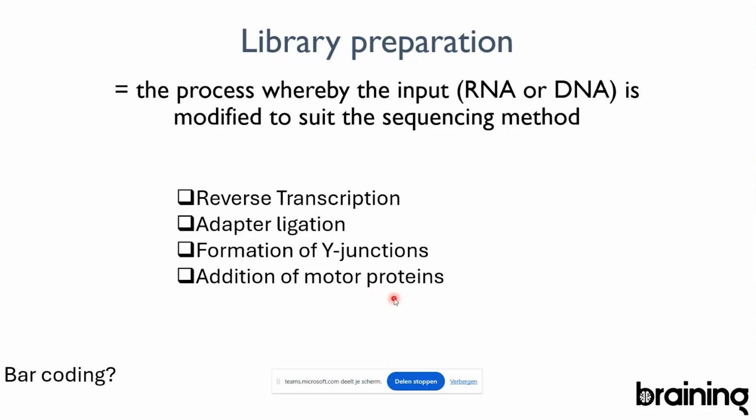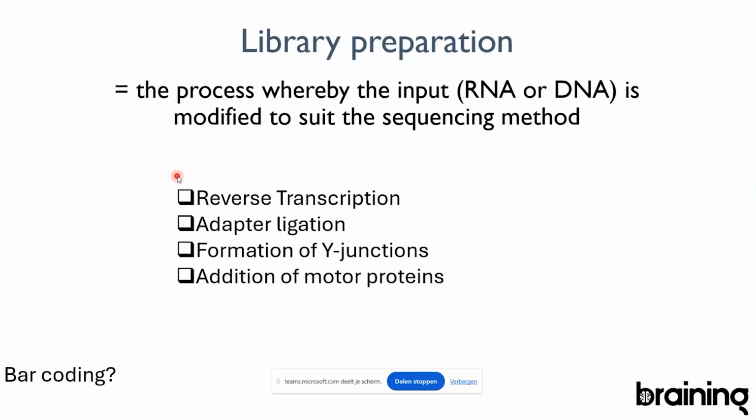So basically, it's a bit technical, and it changes for every sequencing method. If you want to sequence RNA, it's going to be a bit different compared to when you sequence DNA. If you use a nanopore, it's going to be different when you use a PacBio compared to a next generation sequencing. So library preparation is really dependent on the sequencing method.